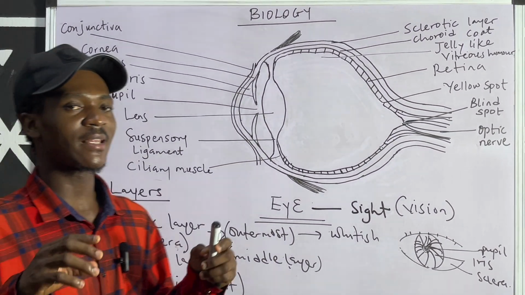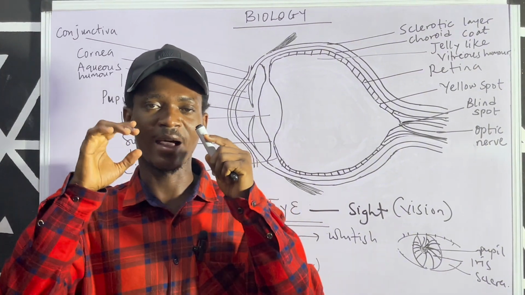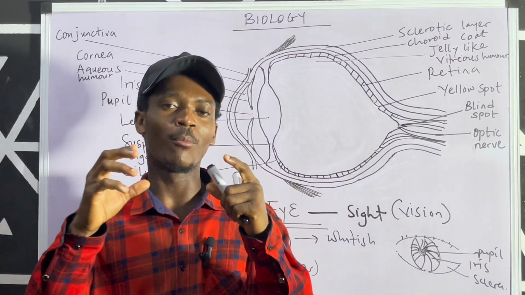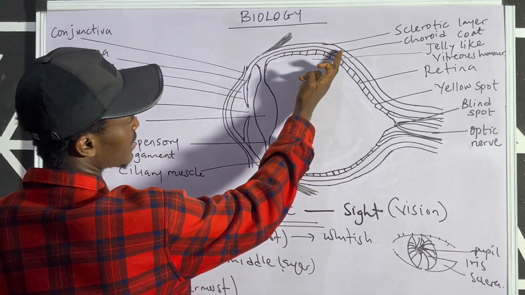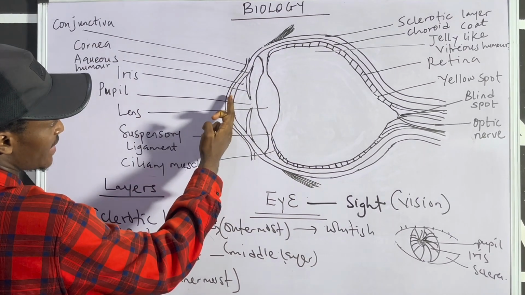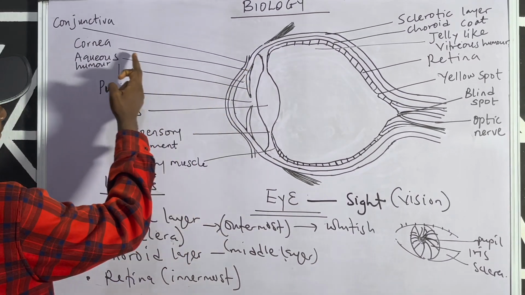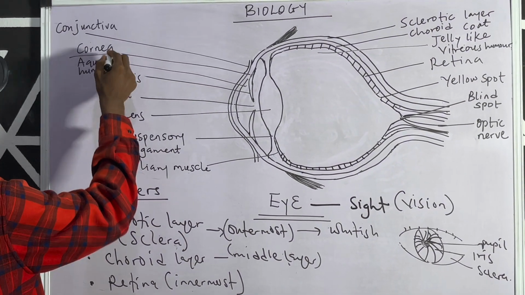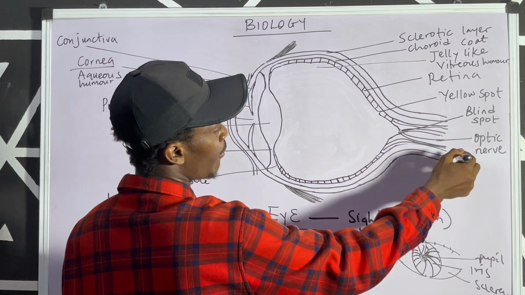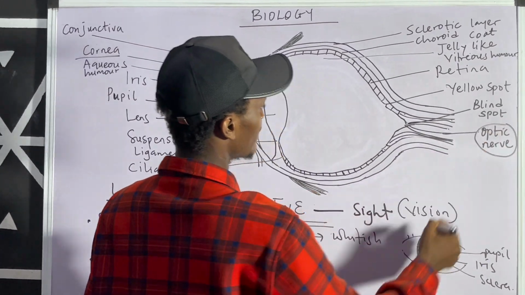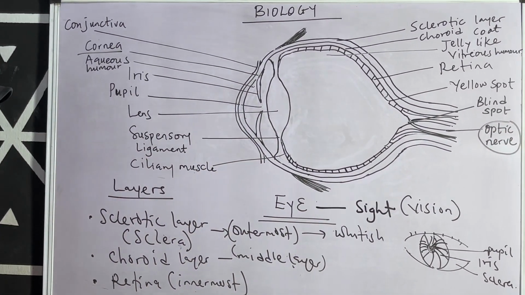And it is the sclera that bulges out at the front of the eyes to form what is known as the cornea. If you check the outermost, which is the sclera, it bulges out here to form what? The cornea. All right. Then at the back of it, it is perforated to form what is known as the optic nerve. All right. So that's it.